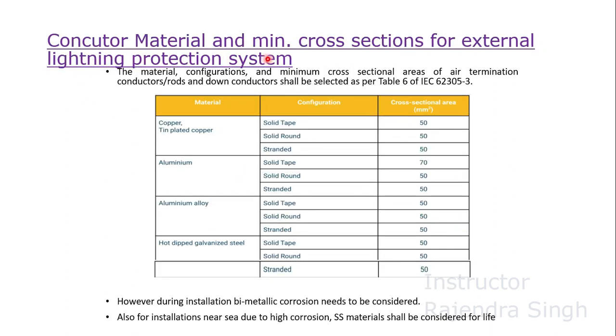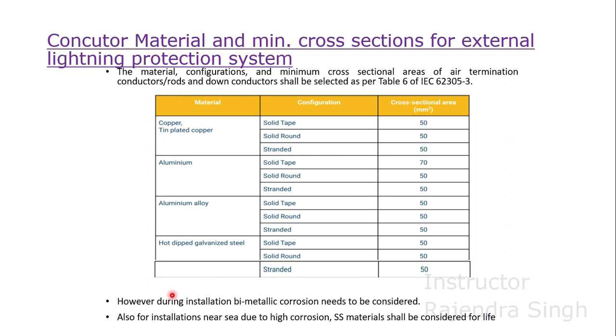Conductor material and minimum cross sections for the external lightning protection system. The material configurations and minimum cross sectional areas of air termination conductors, rods and down conductors shall be selected as per Table 6 of IEC 62305 Part 3.